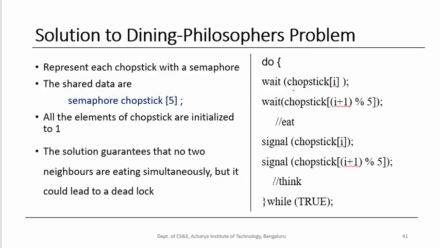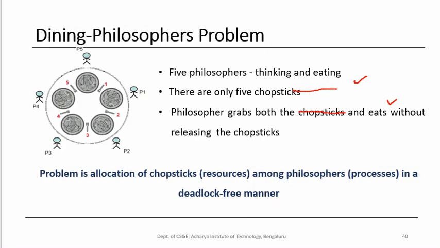Unfortunately, here we allowed the philosophers to pick up the chopsticks one by one. It could be the chopstick to the left, or to the right. If they are free, then the philosophers can pick up those chopsticks and wait for getting the other chopstick.